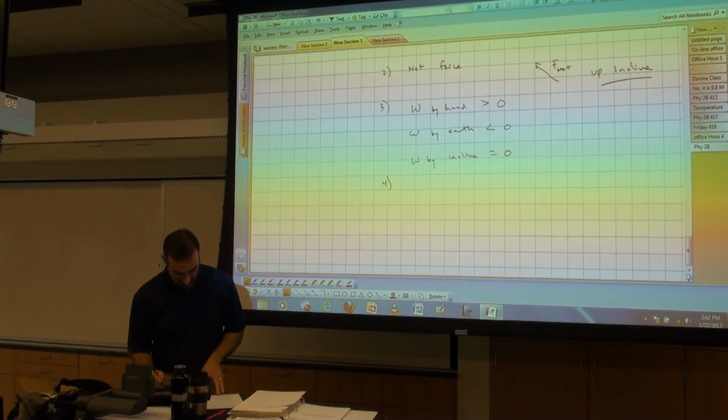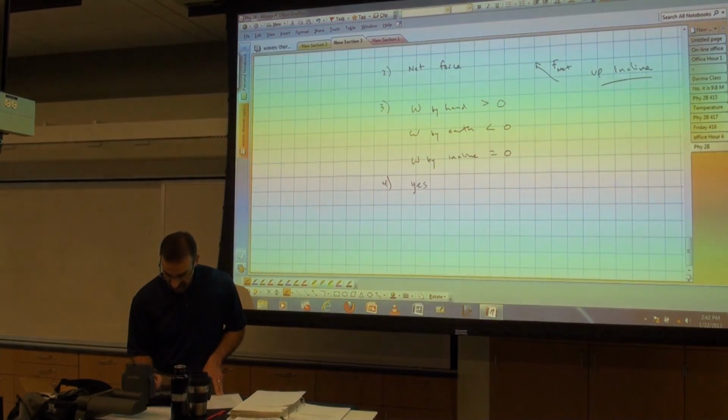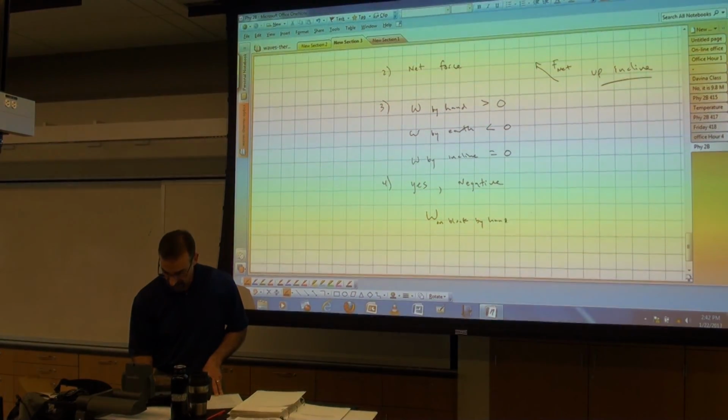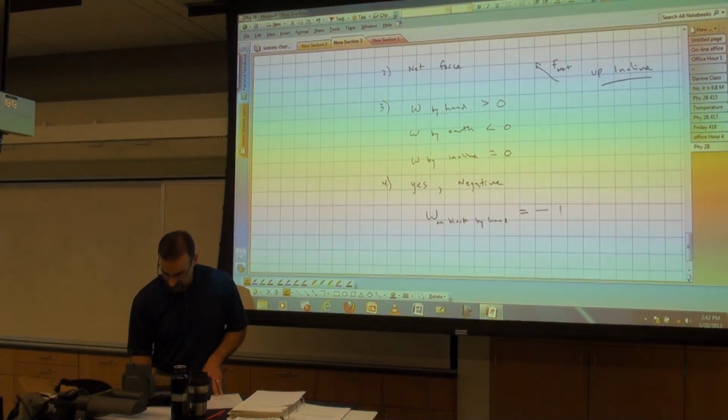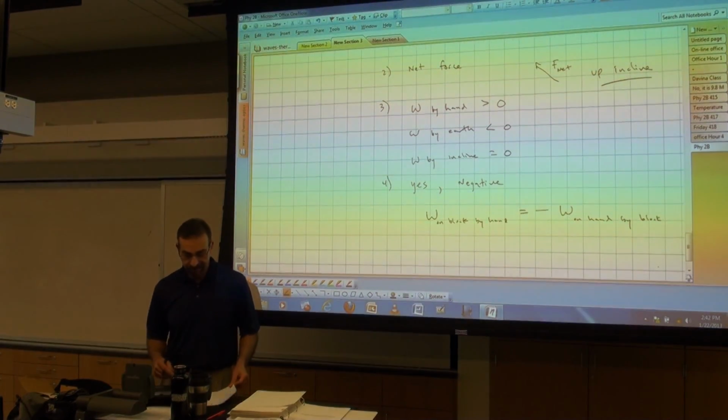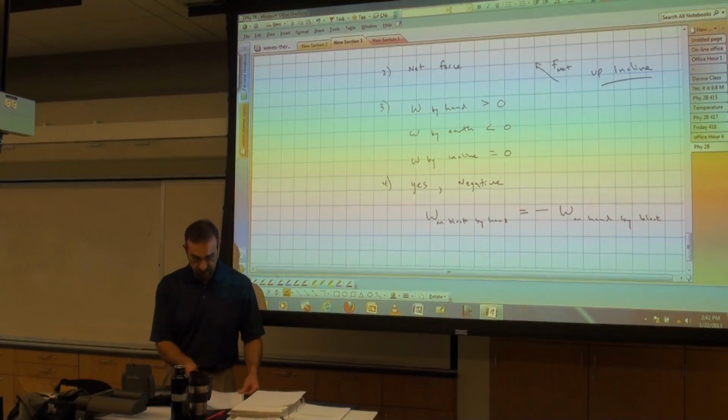So in this case it's yes, and this would be negative, because the other one was positive. Work done on the block by the hand is equal to the opposite of the work done on the hand by the block, because it's a Newton's pair.